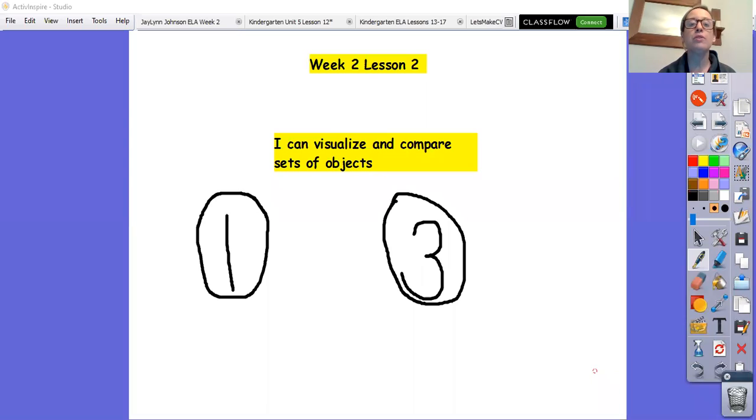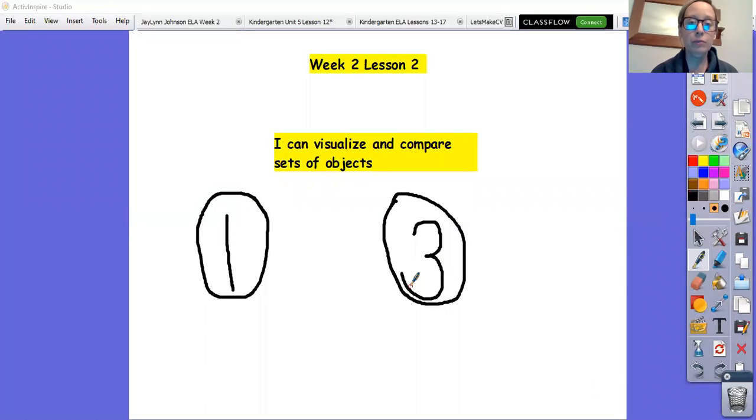Okay, so remember this is our second lesson for the week. Again, if you're having trouble with the counting piece, then maybe we can go back a couple lessons too and just practice the counting. So my learning goal for today is I can visualize and I can compare sets of objects, okay? So what I have circled is a 1, remember this is our number 1, and I have a number 3 over here, right?